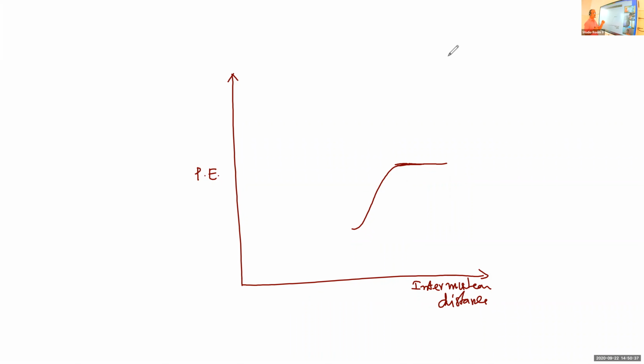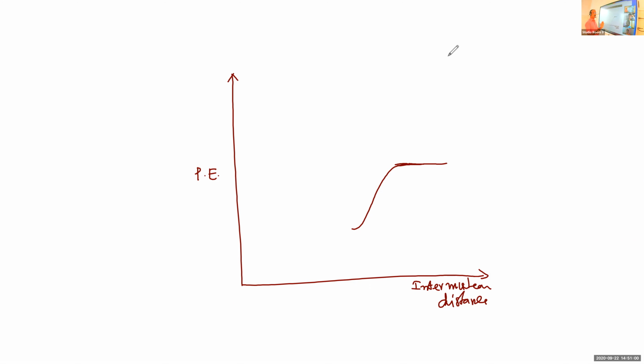At that position, the bond is formed between the hydrogen atoms. At that position, the repulsive force and the attractive force are counterbalanced, equal. And there is formation of the hydrogen molecule, H2 molecule.